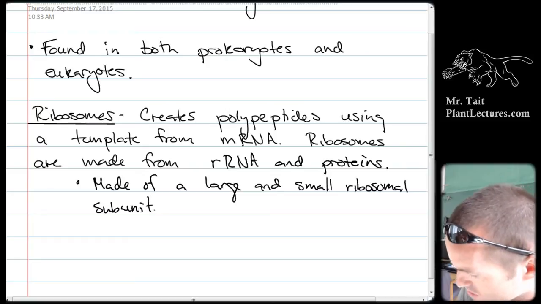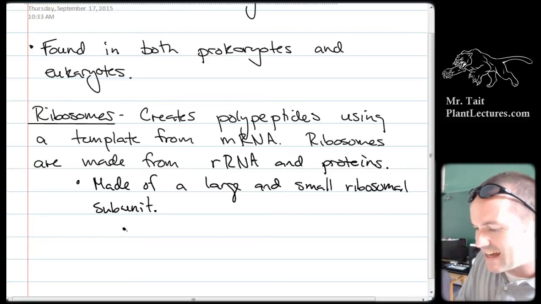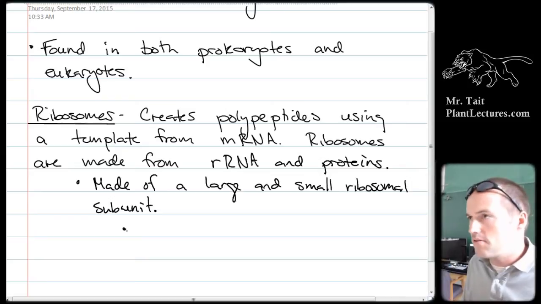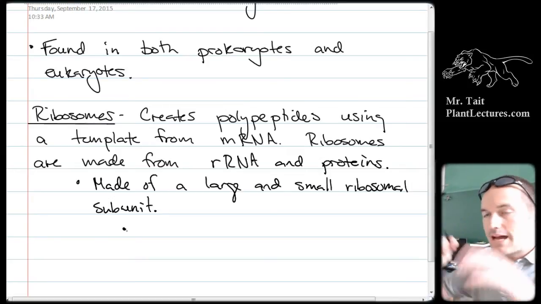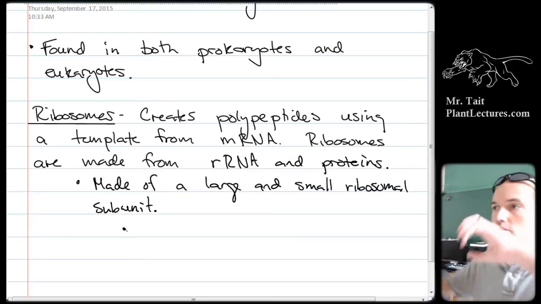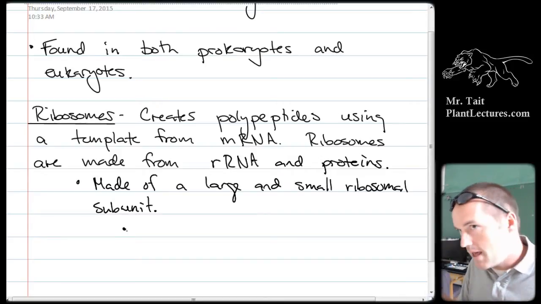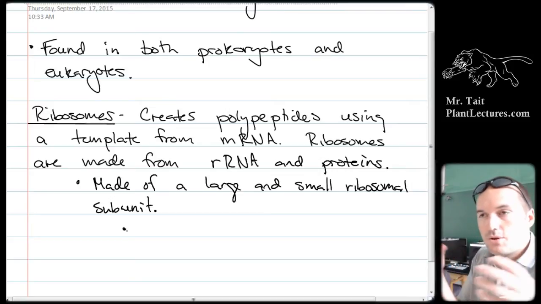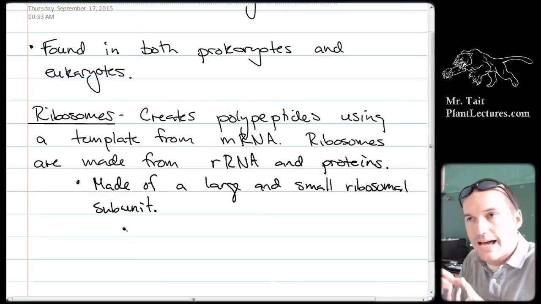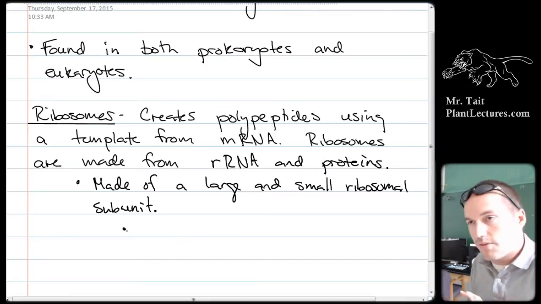An interesting thing about this is that they don't actually join together until there's mRNA around. So in the cytoplasm of every cell, there's a whole bunch of the large and small subunits floating around, and there are no complete ribosomes. The only time you have a complete ribosome is when it's attached to mRNA and it's currently making a protein.